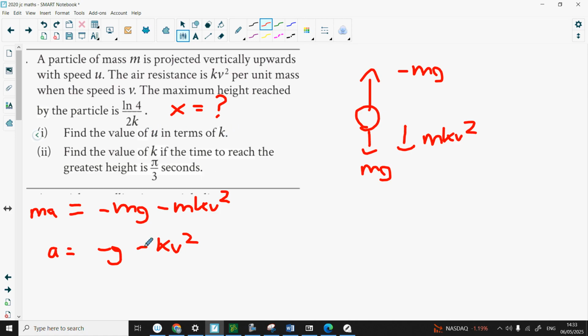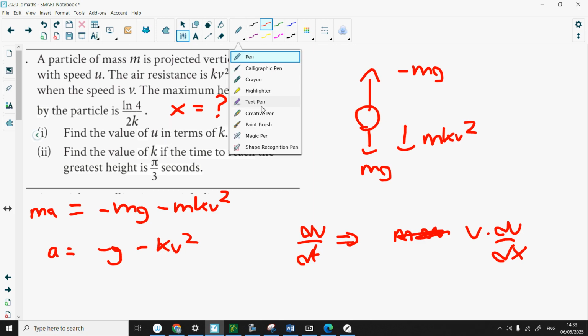So, should I use the v dt? Or should I use m, sorry, v times the v dx? Which one? Why? It gives us the height, and u is the speed.